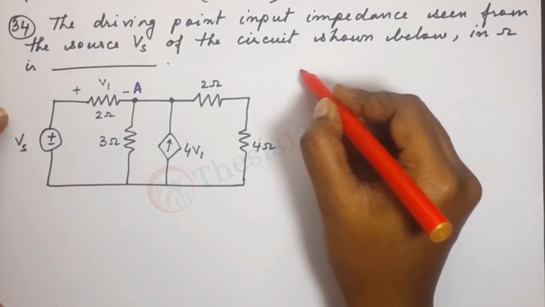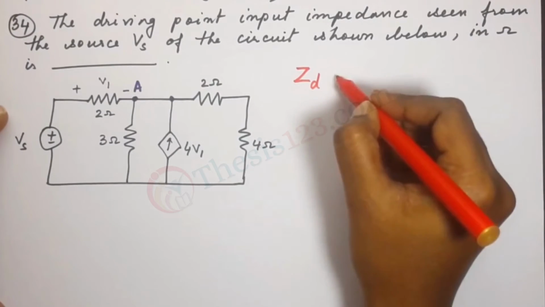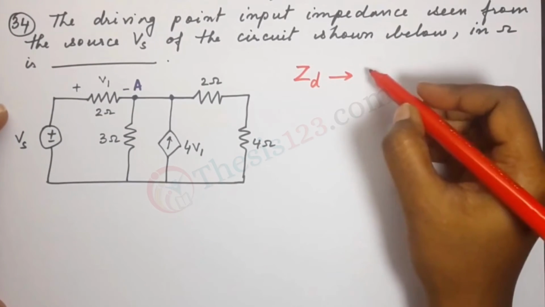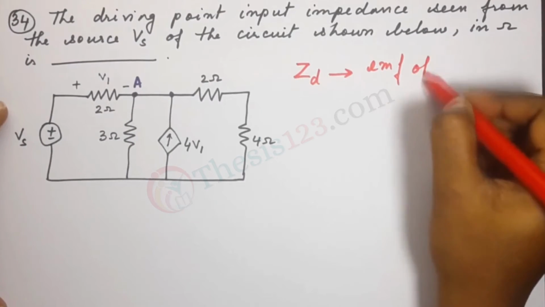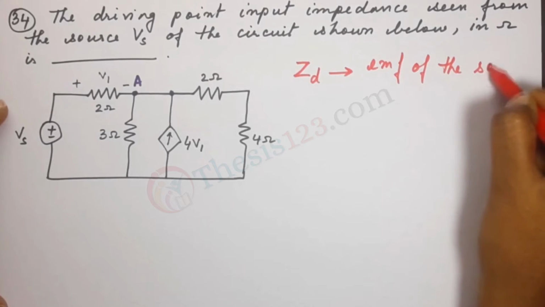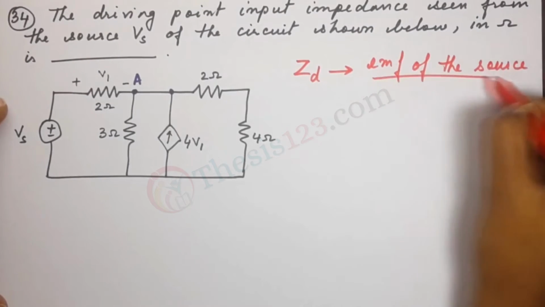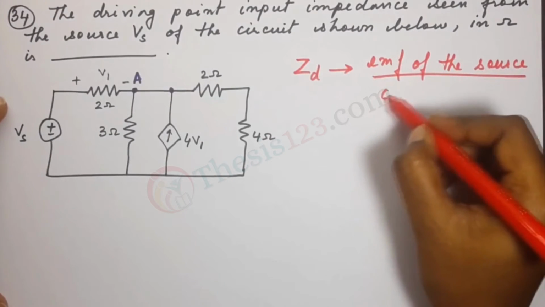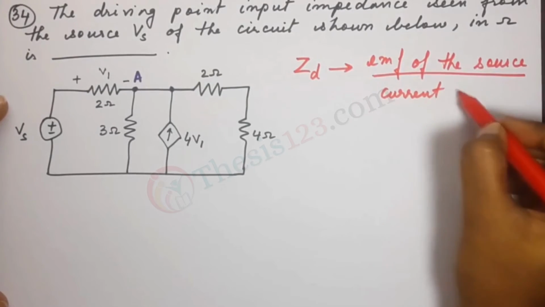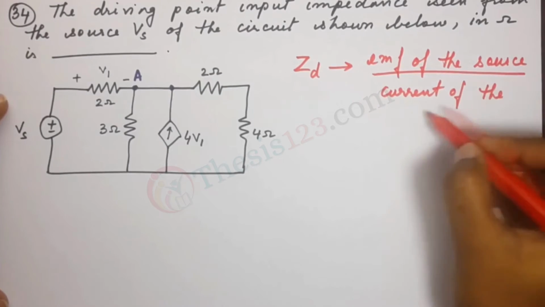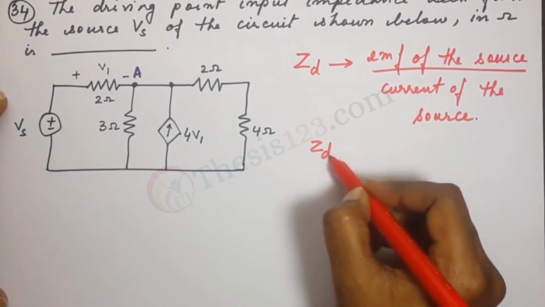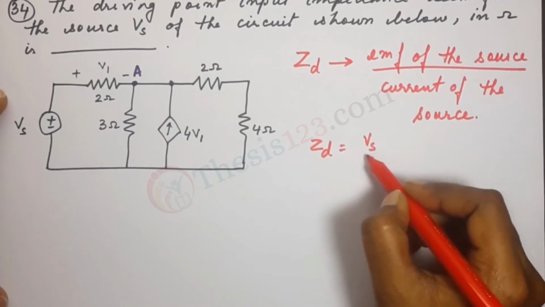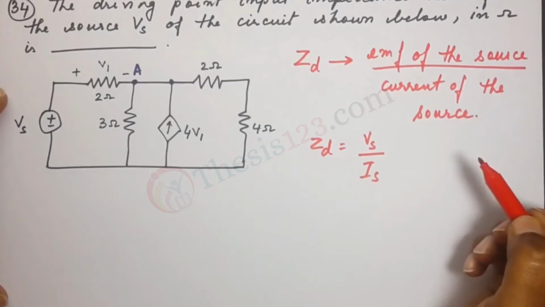So the driving point input impedance, I'll call it dz, is defined as the ratio of the EMF of the source to the current of the source. So which means that dz can be written as Vs/Is.